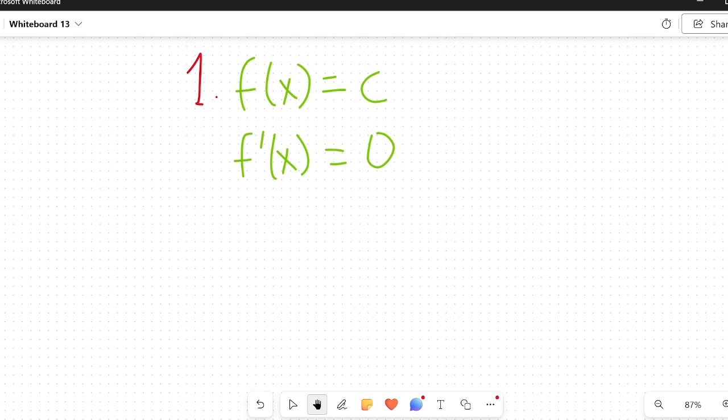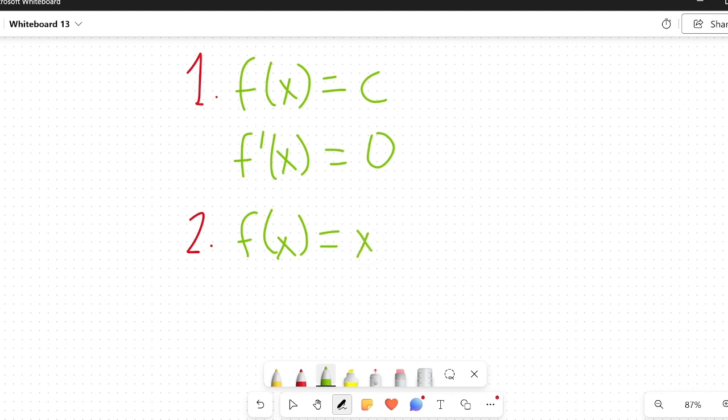So essentially, the power rule is going to state that if f of x equals x to the n, f prime of x is going to equal n times x to the n minus 1, right? So essentially we take this n, bring it out in front, and then subtract 1 on the power.